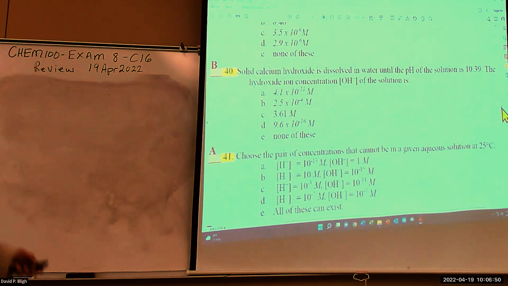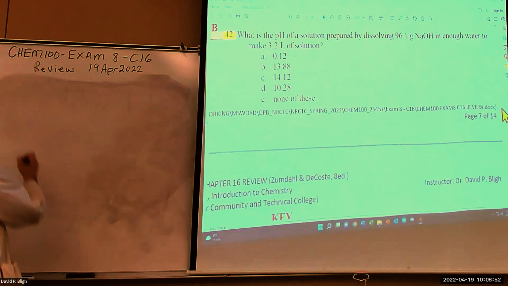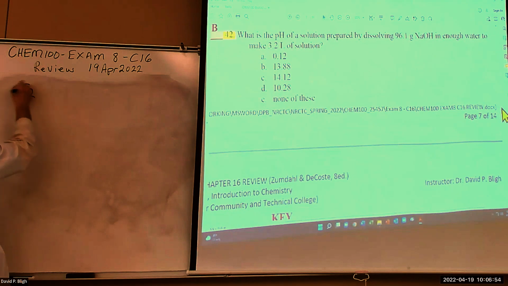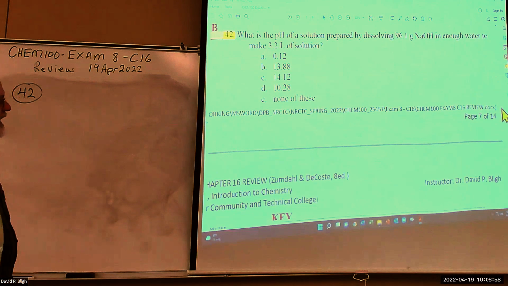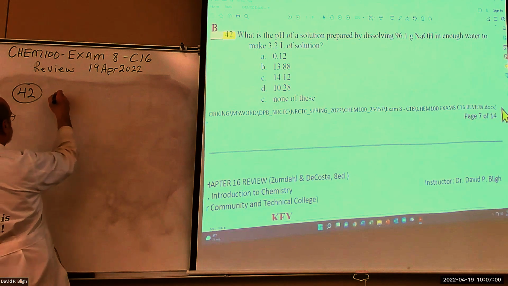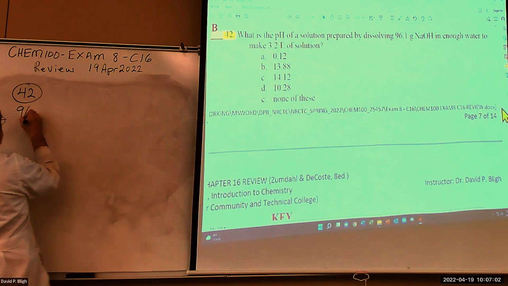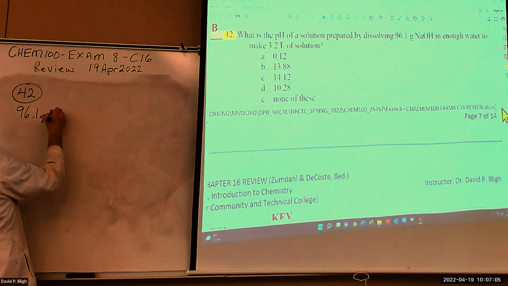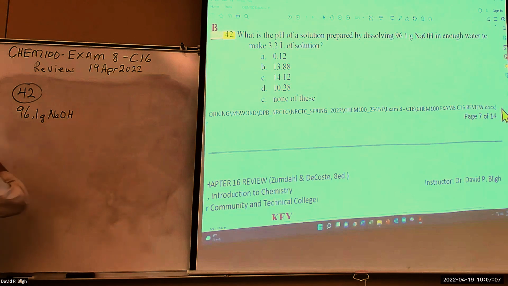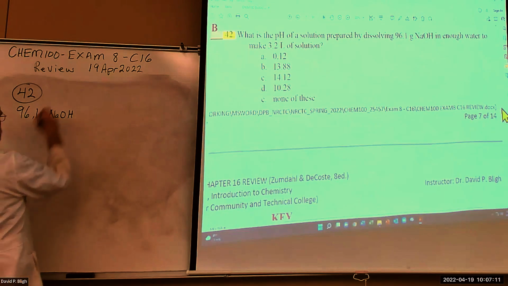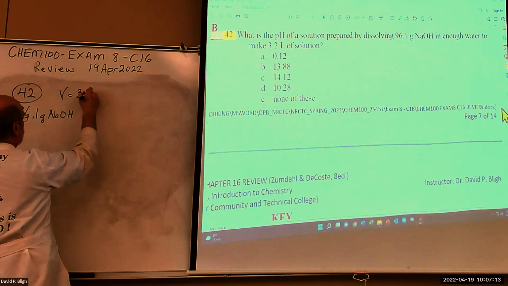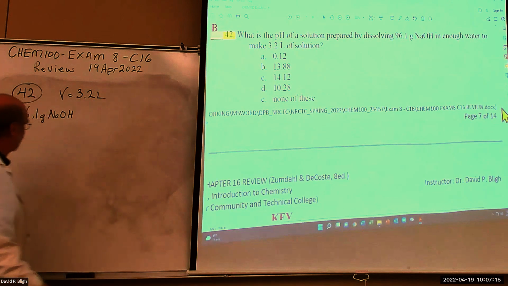Let's see here. 42. What is the pH of a solution prepared by dissolving 96.1 grams of sodium hydroxide in enough water to make 3.2 liter solution? The volume is 3.2 liters.